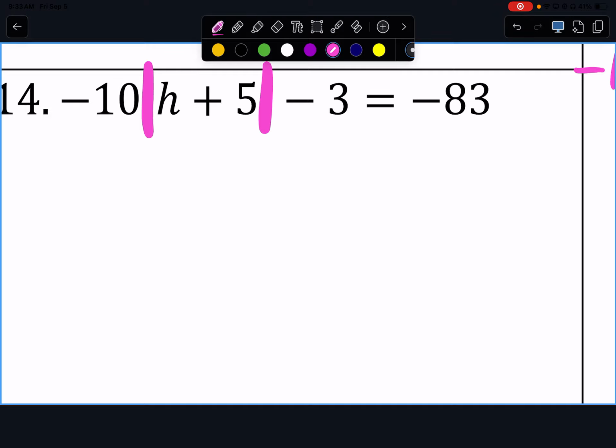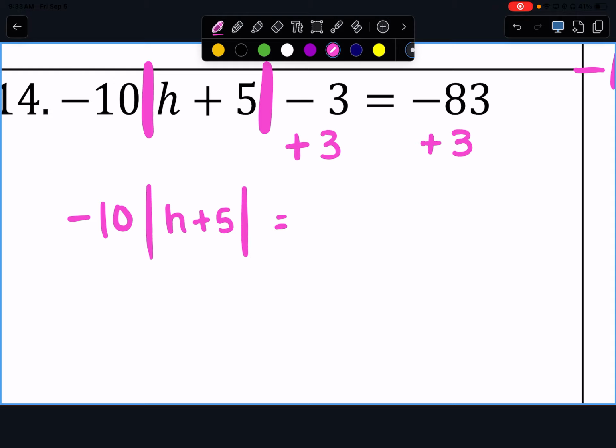So what do I need to do first? Add 3. But the negative 10 doesn't have an operation. It's being multiplied. So we get negative 10 times the absolute value of h plus 5 is equal to, what is negative 83 plus 3? Then how do I undo multiplication?